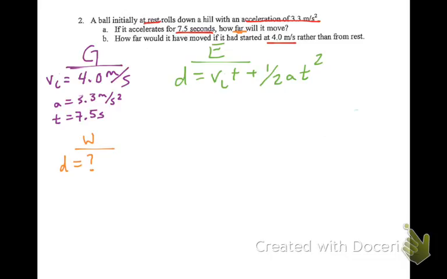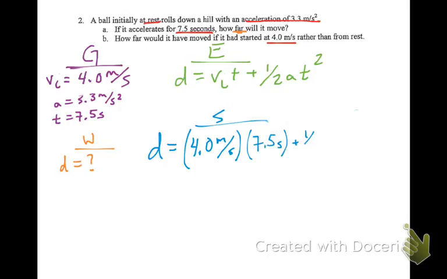So now we're just going to take our information and substitute it all in. So D equals 4.0 meters per second times our 7.5, oh that's silly, times our 7.5 seconds plus 1/2 times our 3.3 meters per second squared times our 7.5 seconds squared.